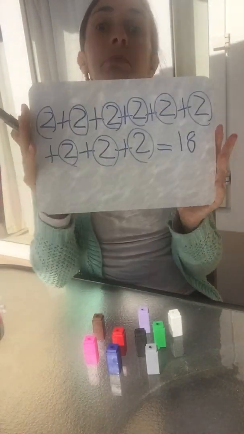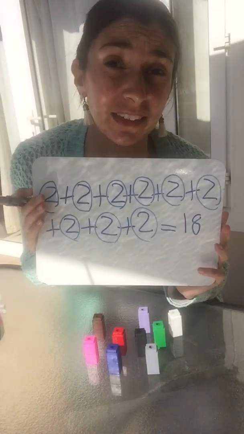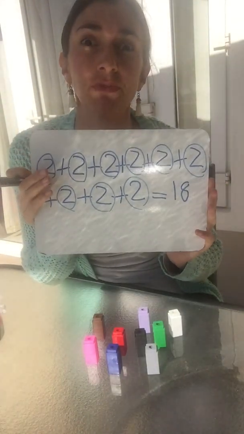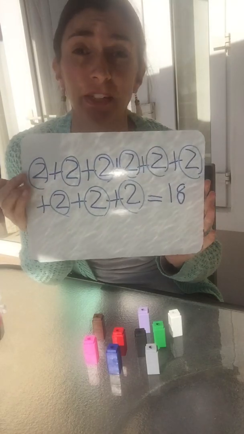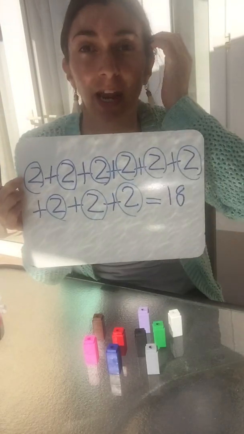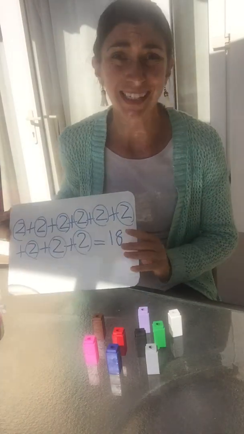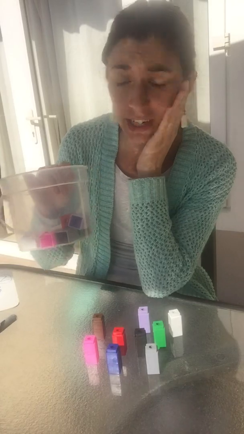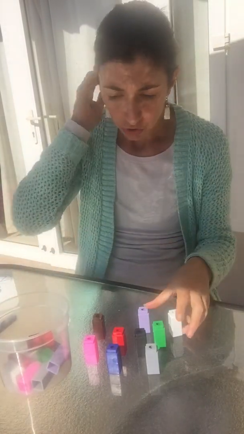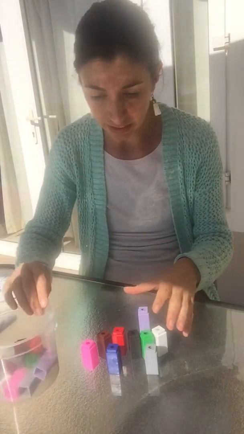Now, can you imagine, I'm going to run out of space soon on this whiteboard if I've got to make a 2 plus 2 plus 2 plus 2 plus 2 plus 2 plus 2 sum that carries on forever. For example, what happens if I had 21 groups of 2? Oh my goodness, I don't even think I've got enough counters for that. So what can we do to make our sum or make our life easier?